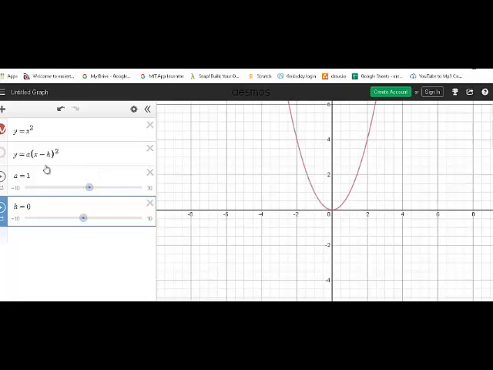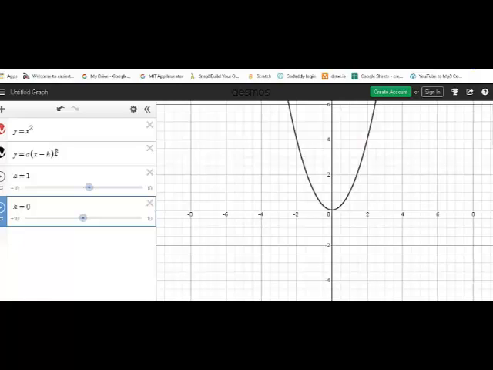Just to show you what exactly we mean, if I turn on the graph of y equal a times x minus h squared, you can see that the color of the graph becomes black, which is on top of y equal x squared, because a is 1 and h is 0.